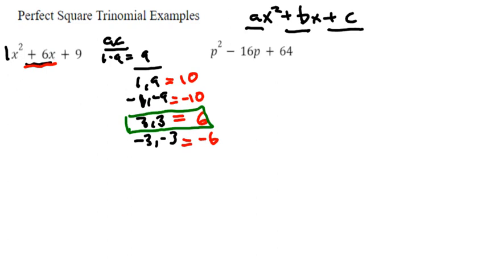3 and 3. So now what we do is we decompose this B term. So we go x squared plus, now instead of writing 6x, we're going to write it in 2 terms using these 2 factors. So plus 3x, and then another plus 3x, and then finish writing it out, plus 9. And now this is where we get into factor by grouping, right?